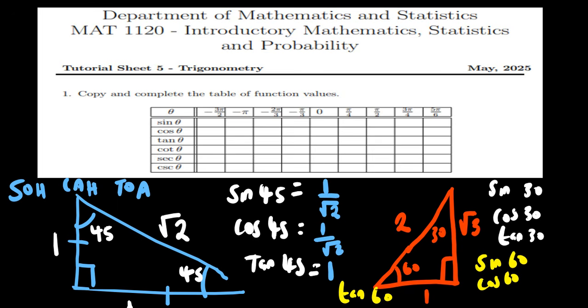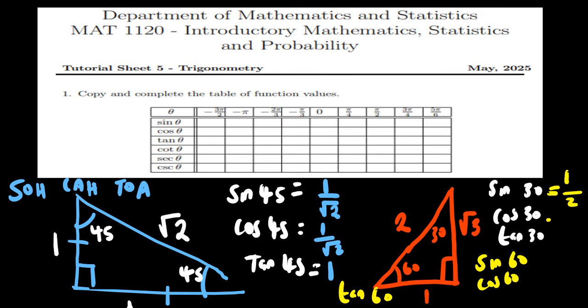Now we've got sine 30 on the other side. How we're going to find sine 30 is the same thing, opposite over hypotenuse. This is our 30. Opposite to 30, you are able to see that it's a 1, so it will be 1 over the hypotenuse, which is 2. So 1 over 2.